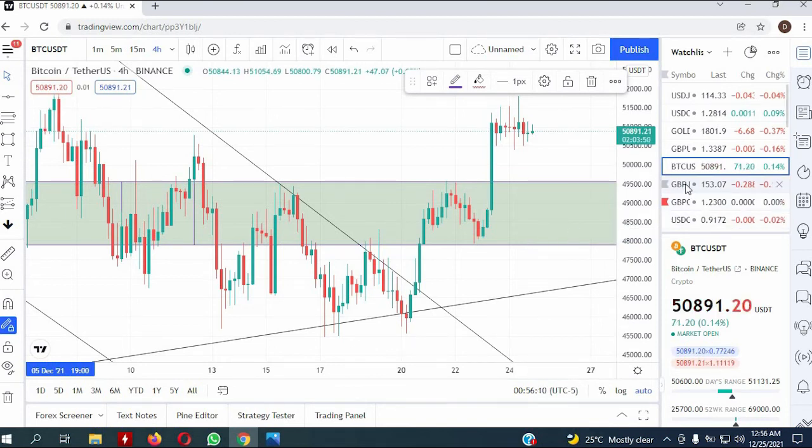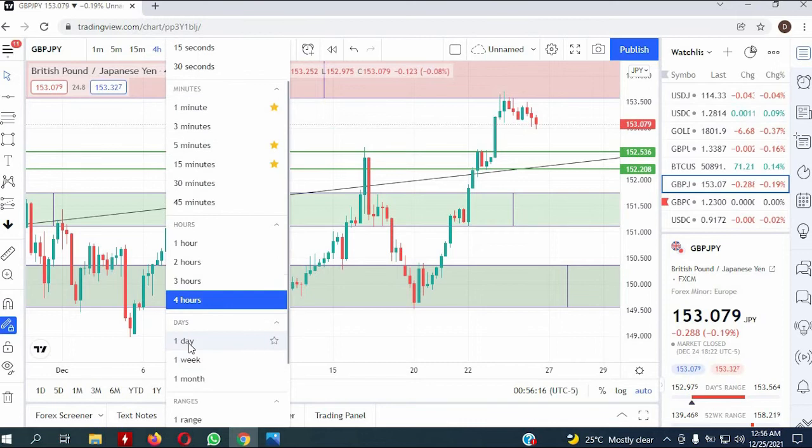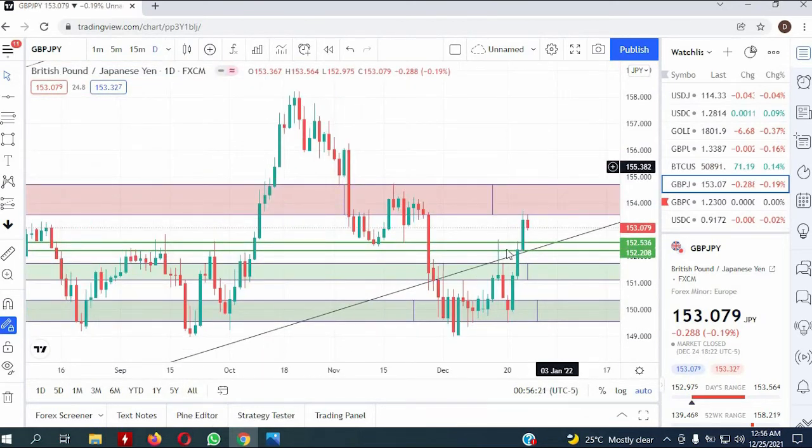Let's move over to the GBP JPY. Now the GBP JPY is showing signs of reversal. The GBP JPY is making a test of this area, which is gaining some resistance.